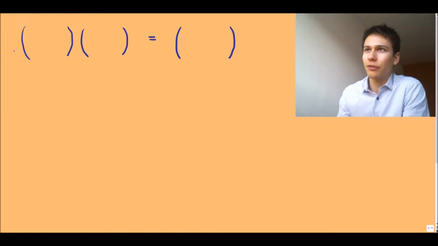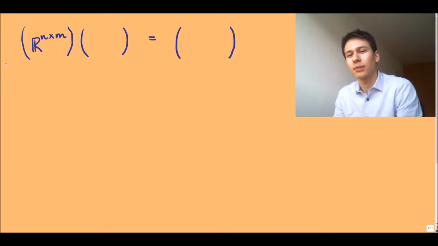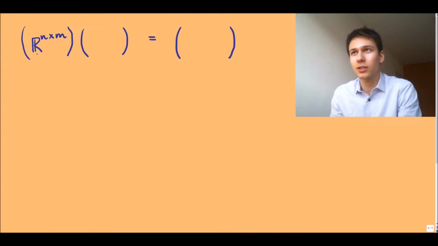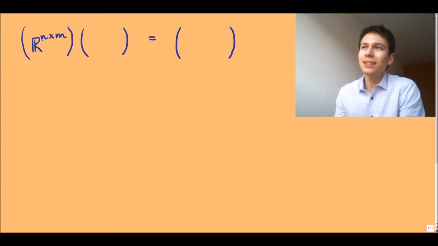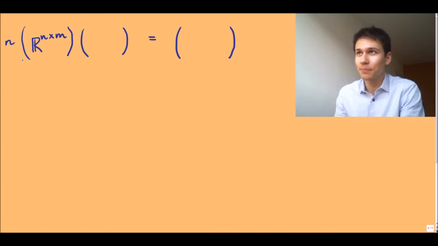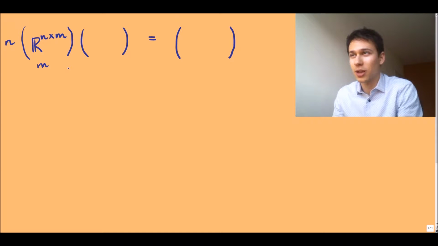Let's assume that the first matrix is an R^(n×m) matrix. This means that the matrix only has real entries and it has n rows. So the first number or dimension up here stands for the number of rows of the matrix, and the second number m would stand for the number of columns of the matrix.